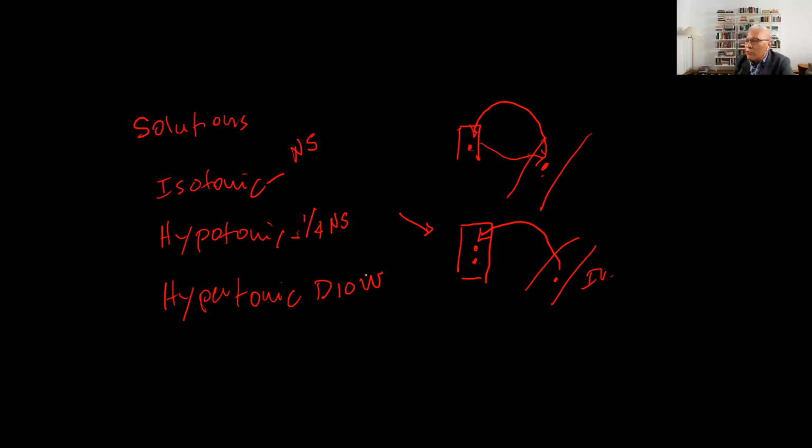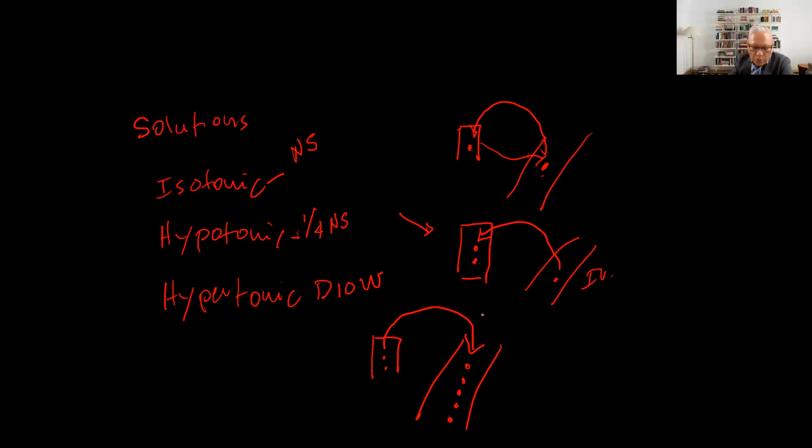Okay? And then, of course, if we give D10 in water, if this is again the cell, we're giving a hyper-concentrated solution right here. So therefore, we're going to dehydrate the cell. So if we want to pull the water out from the cell, we need to give a hypertonic solution.